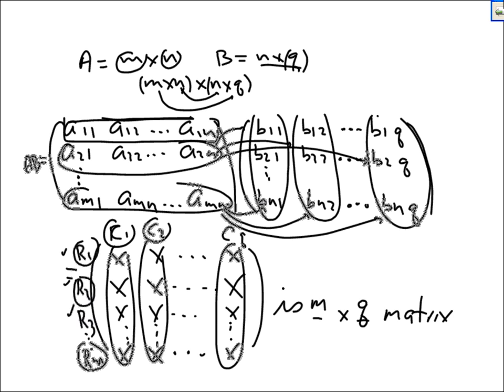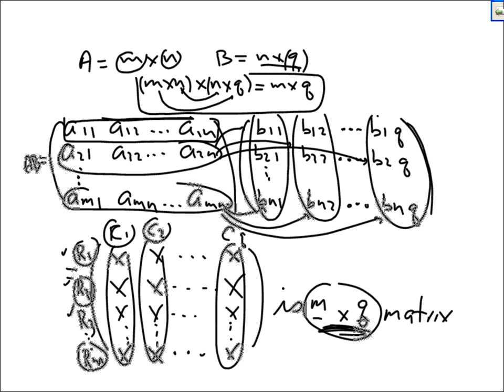So my result should be, or I claim my result is, m by q. Yep, I'm right, because the bottom one, this one, we know is correct. We actually multiplied it out. Up here, I just said it's m by q.